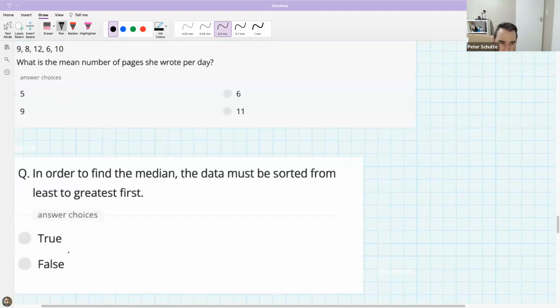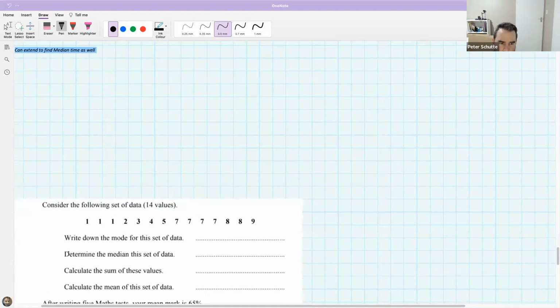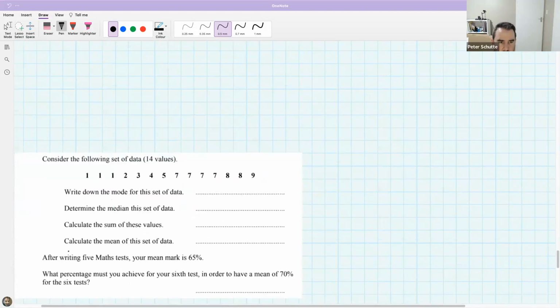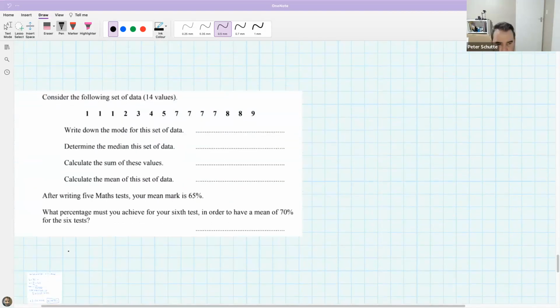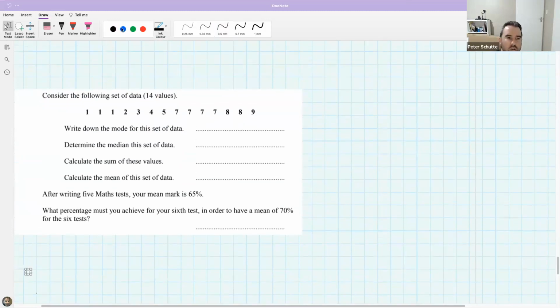Let's have a look at another. Okay, let's have a look at this one. This is a little bit of an upgrade one. So let's see how it goes. I want you to do this bit over here for me, and then we'll talk about the green bit after that. So you're given a data set. Luckily, it's been ordered for you.